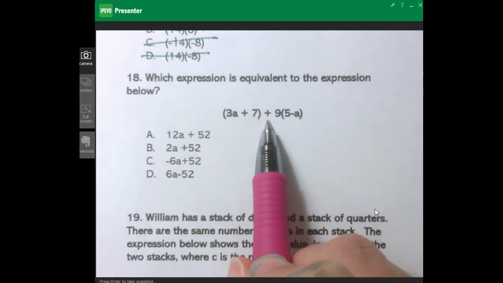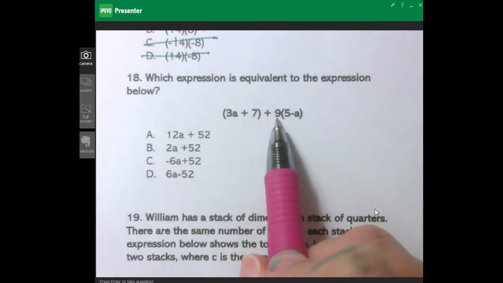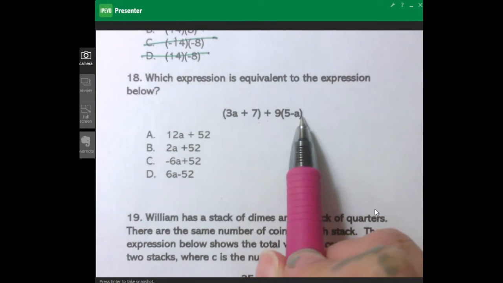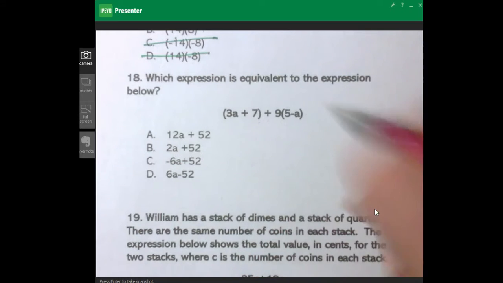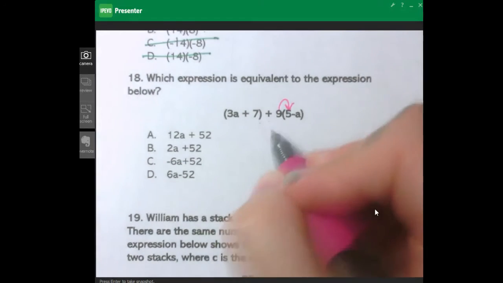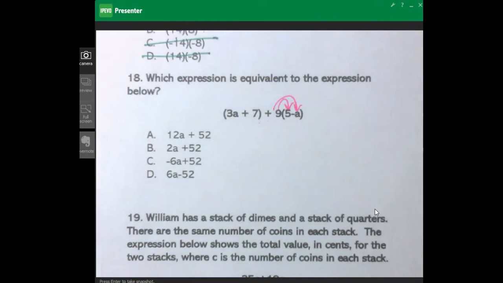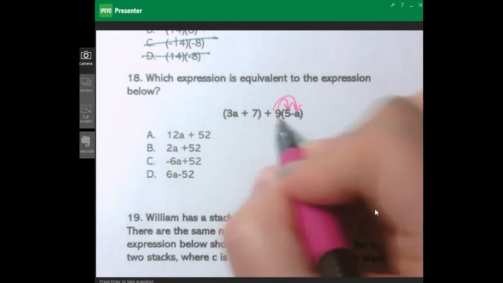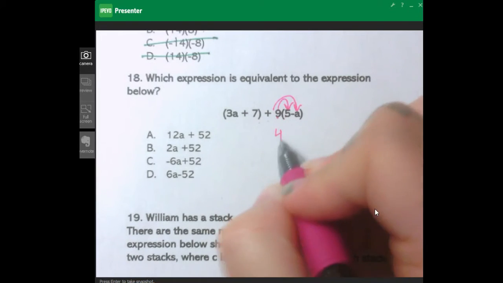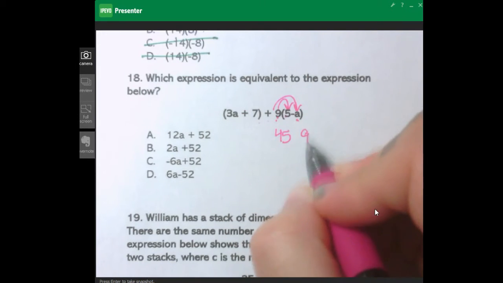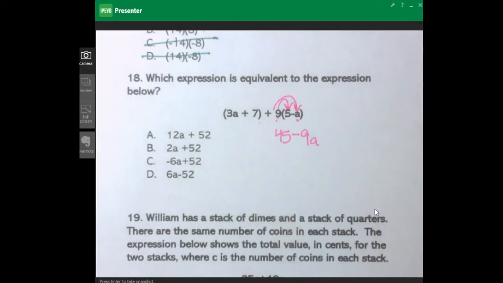But looking over here, I've got plus 9 times the quantity of 5 minus a. We can use the distributive property here. So 9 times 5 and 9 times a. So 9 times 5 is 45, and 9 times a is 9a, and we're subtracting, so I'm just going to bring that subtraction down.